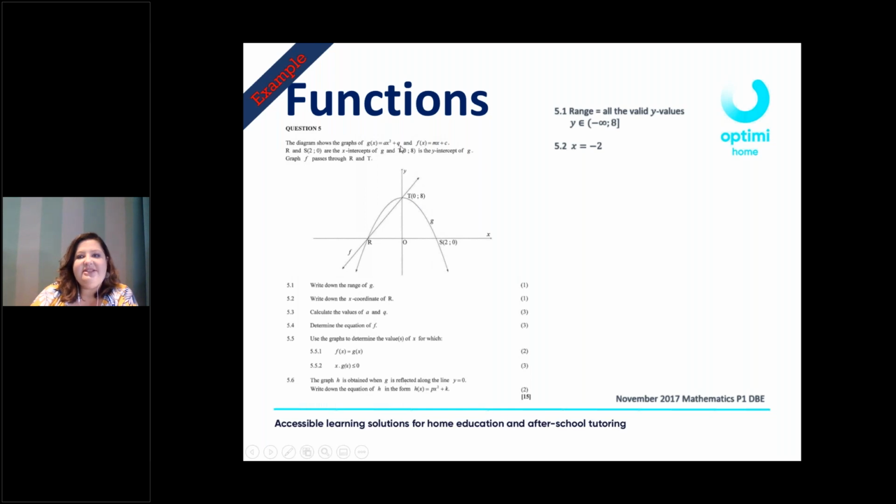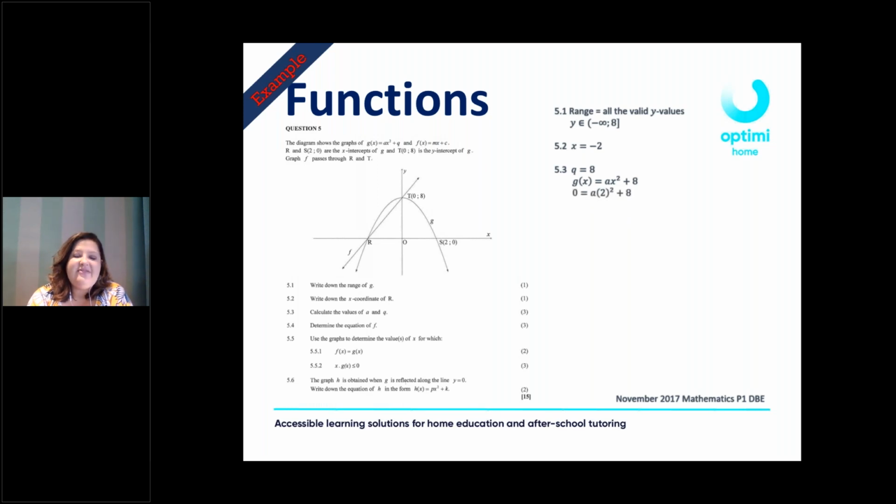Okay, so now they want me to calculate the values of a and q. a and q can be seen in the formula of my parabola, so ax squared plus q. We already said that we have my q value, T(0; 8). I know that my q value is 8 over there. Then I take the formula of my parabola, so ax squared plus 8.